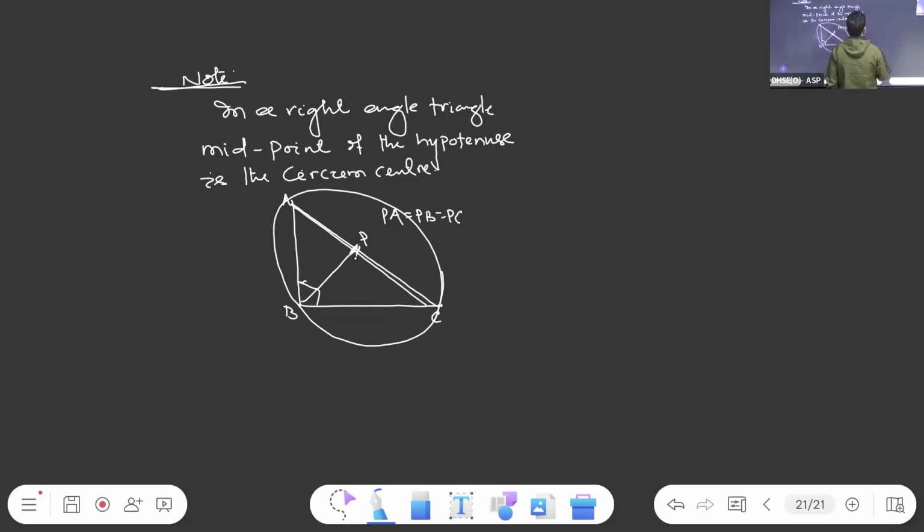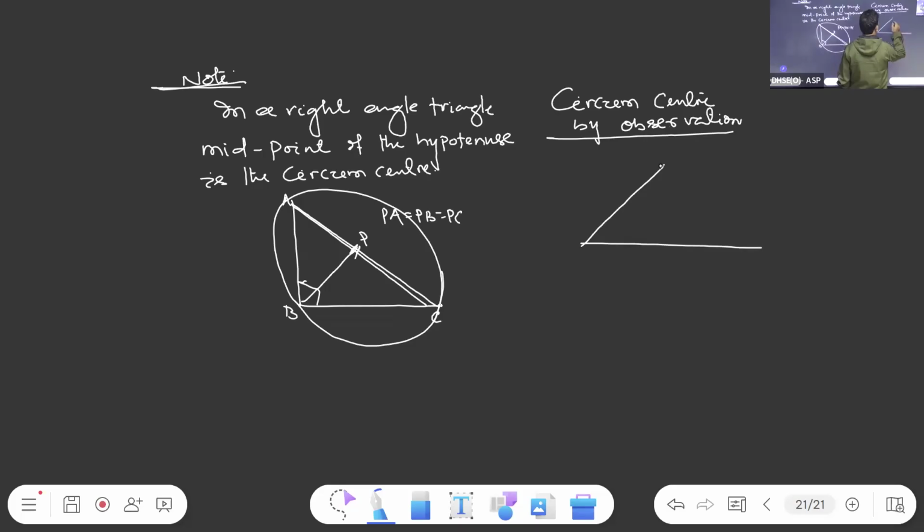Okay, then circumcenter by observation. Clear? Suppose this is vertex A, coordinates of vertex A are 3, 4.